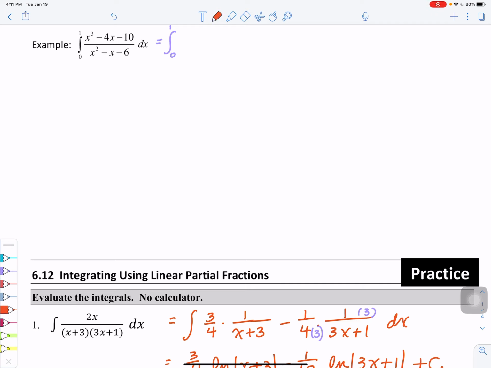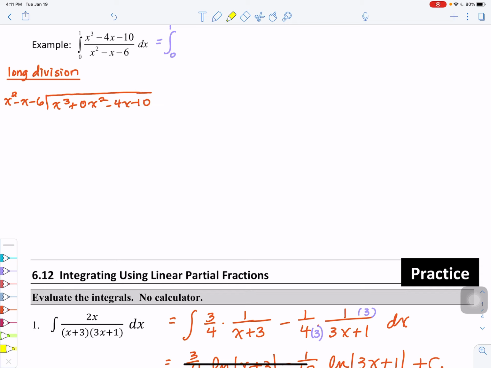We're going to use long division, and we're going to have x squared minus x minus 6 dividing x cubed plus 0x squared minus 4x minus 10.